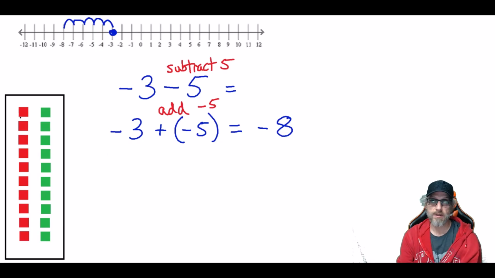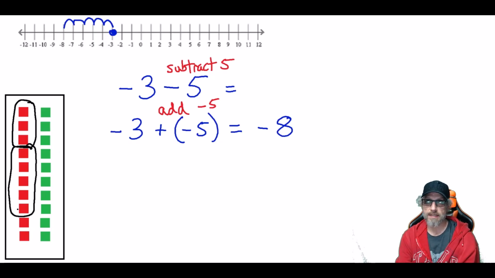We saw several examples before where we would say, okay, there's how we can show -3, 3 red units, and then adding in -5, so putting in there 5 more red units, and we see that we have collected a total of 8 red units, so -8.